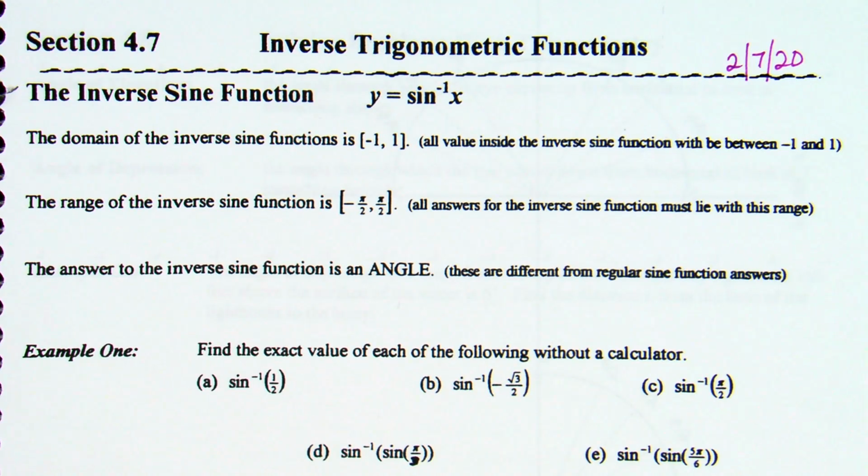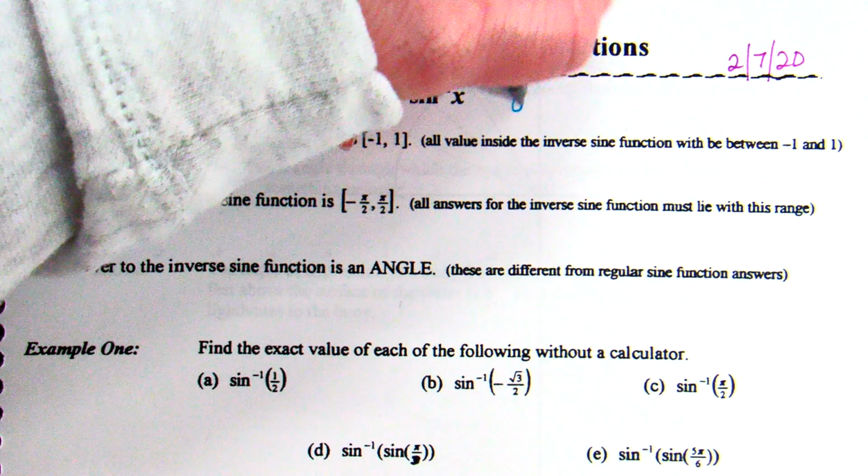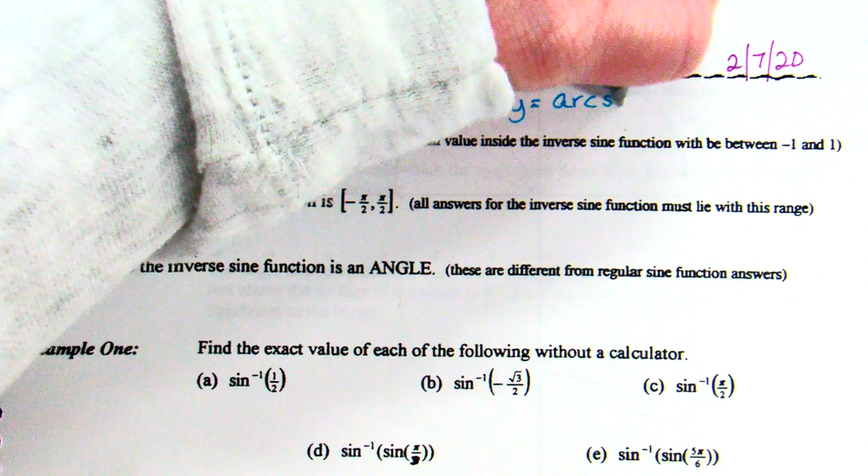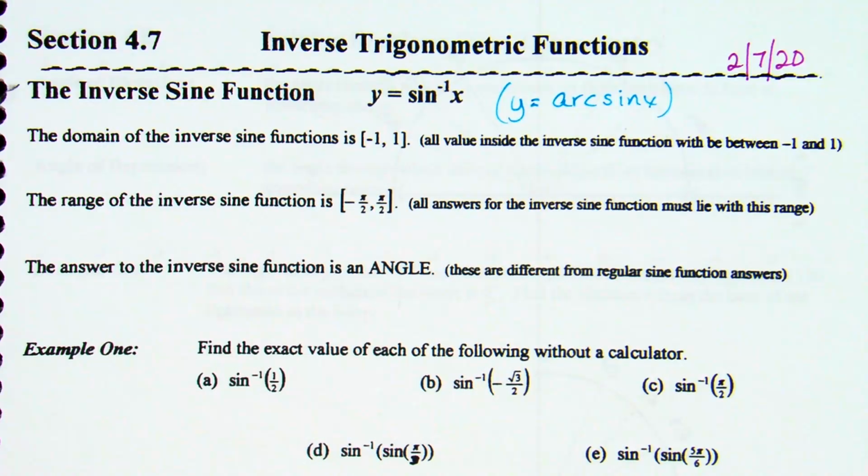This is kind of my preferred form. However, the book, AP Calc Test, various places, also use arc sine x. Okay, so you need to be aware that that is equivalent. I believe, if I recall off the top of my head, our book uses both.